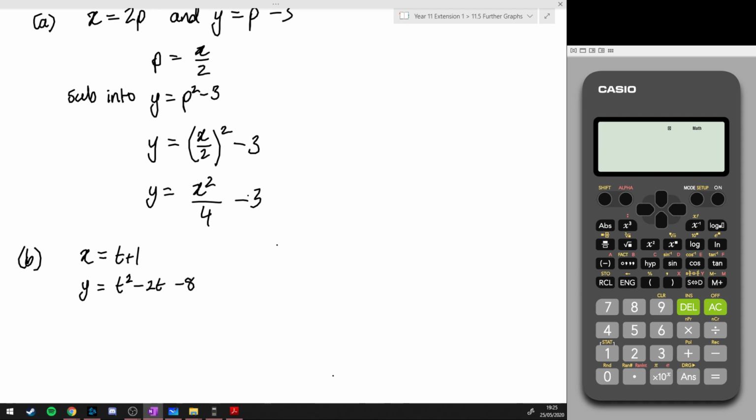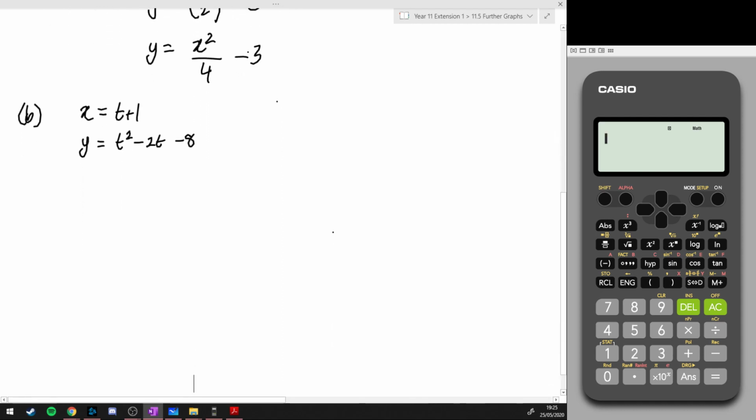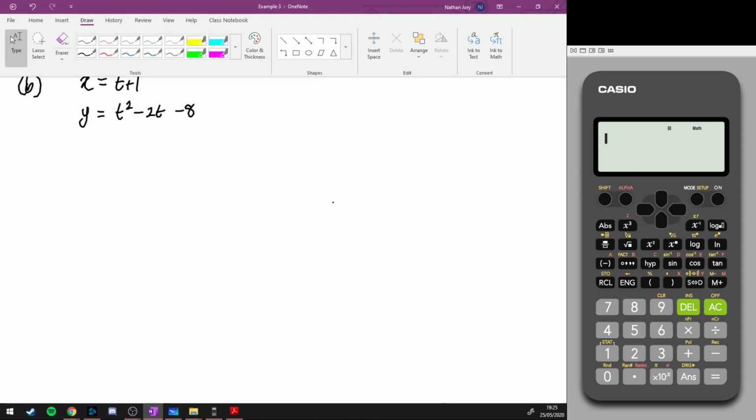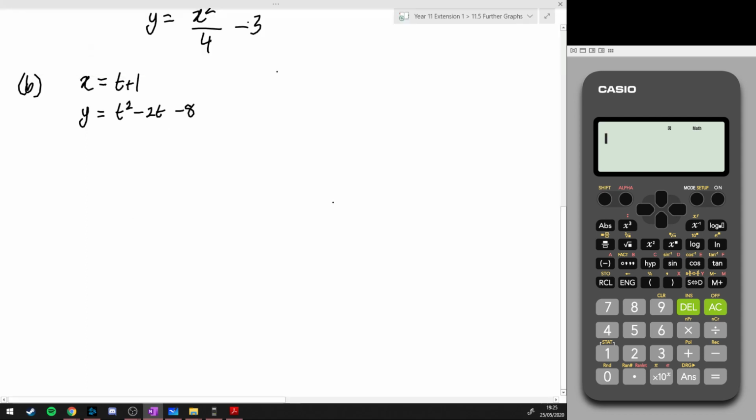Now, because this one's pretty straightforward, we're going to rearrange x. So rearranging x gives us t is equal to x minus 1, and we're going to substitute this into y is equal to t squared minus 2t minus 8.